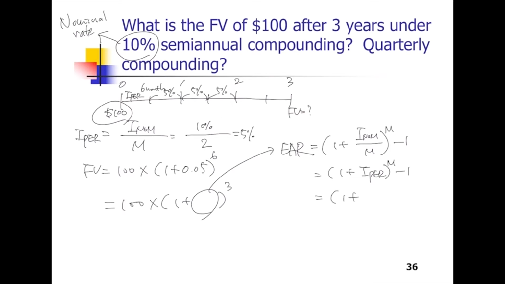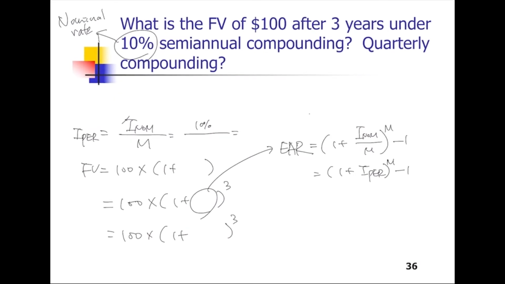We already calculated the period rate. The period rate is 5%, and the number of compounding intervals is 2. And finally we get the EAR, 1.025. So you input the EAR, you get the same number. This is for the semi-annual compounding.